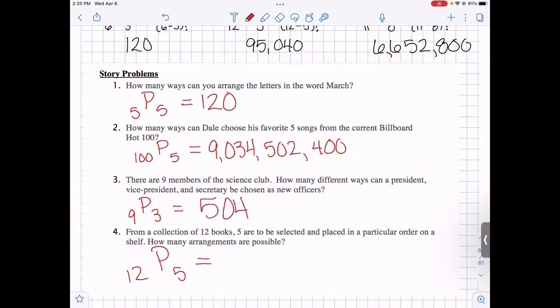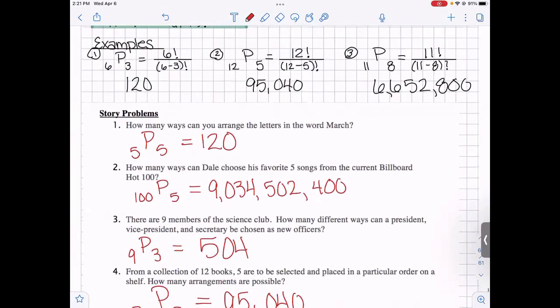All right, what do we get? 95,040. 95,040. Where else did we have that? It was the same problem twice, if you paid attention.